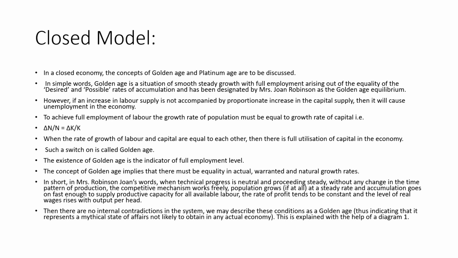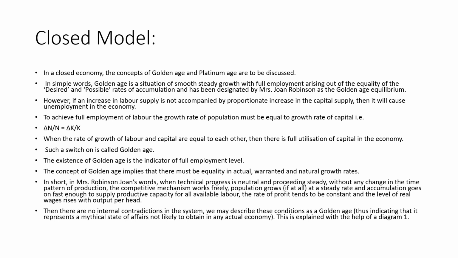The rate of profit tends to be constant, and the level of real wages would increase per unit of output or per output head. Then there is no internal contradiction in the system.